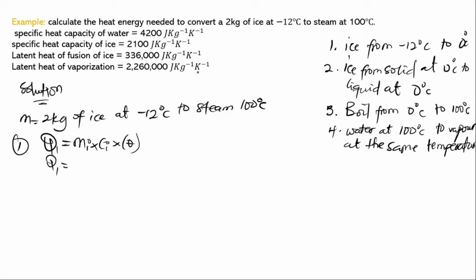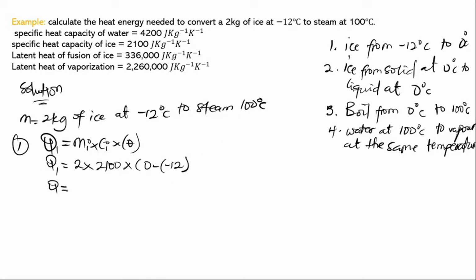The mass of the ice we are given is 2. The specific heat capacity of ice is given to us as 2,100 joules per kilogram per Kelvin. And then the temperature change over here is from what? In terms of numbers, we know 0 is bigger than negative 12. So we have the higher temperature, which is 0, minus the negative 12 that we have over here.